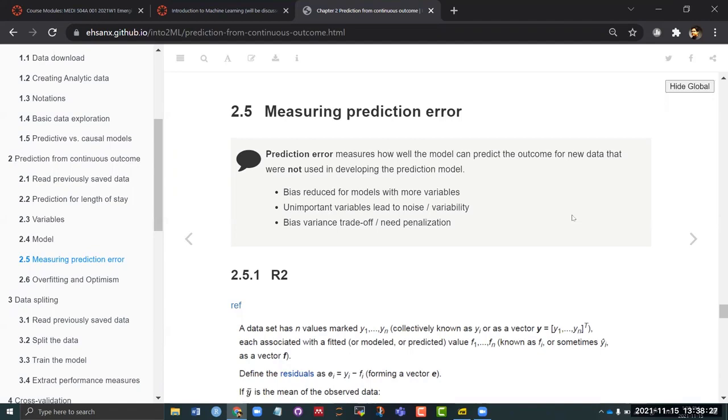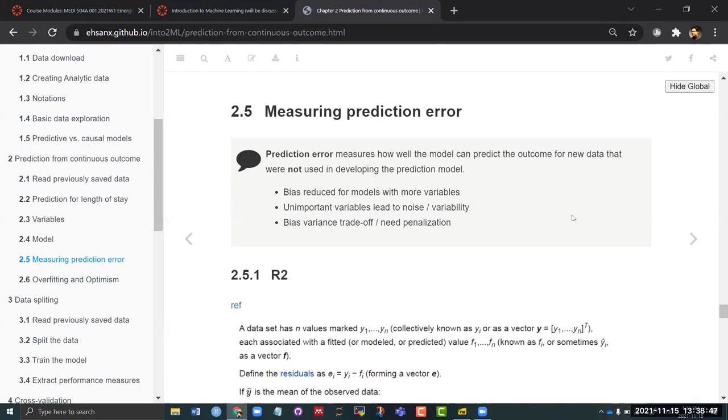Generally speaking, if you start with one variable to predict your outcome, you will have a certain amount of predictive ability. The more variables that you add, the more predictive ability you will have in your model, generally speaking, right?